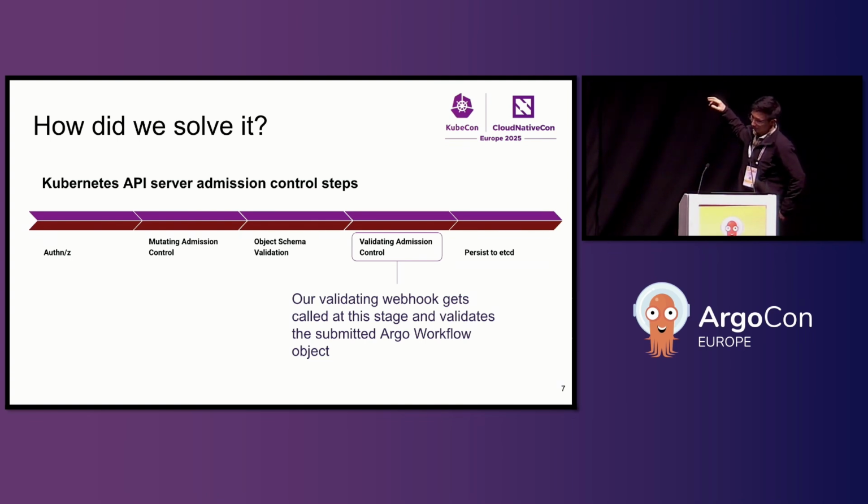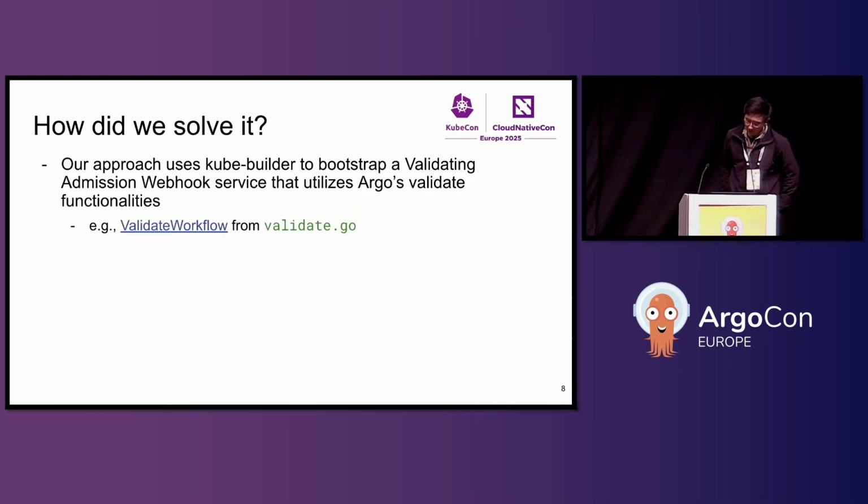And then we do the validation at the stage right after schema validation, in validating admission control. Basically, the API server will call our validating webhooks, and our validating webhooks will validate if the workflow definition is legit, and then we will reject or accept it depending on the validation result.